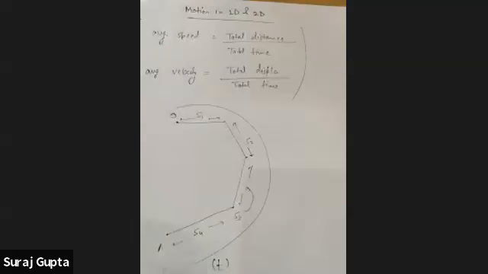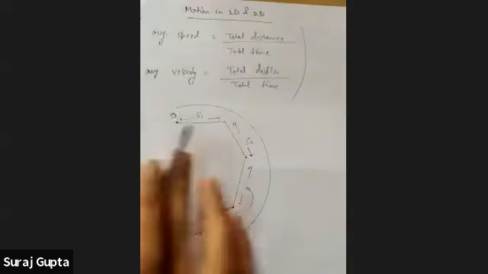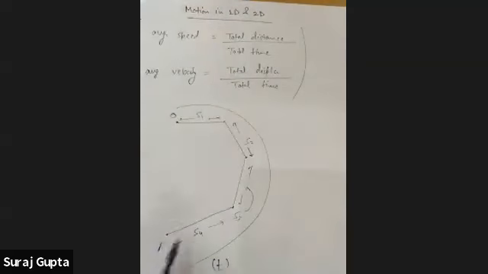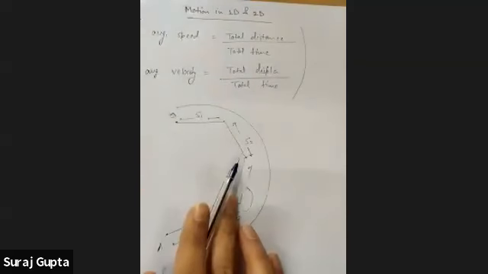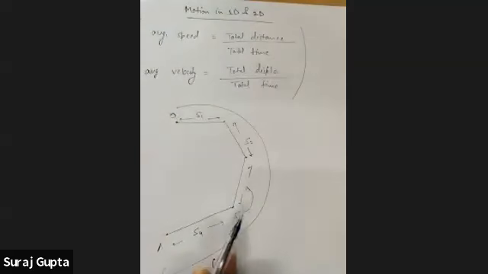So I have taken one example here. The particle starts from point O and reaches point A by following these four different paths. The distance of the first path is s1, the second path is s2, the third path is s3, and the fourth path is s4.